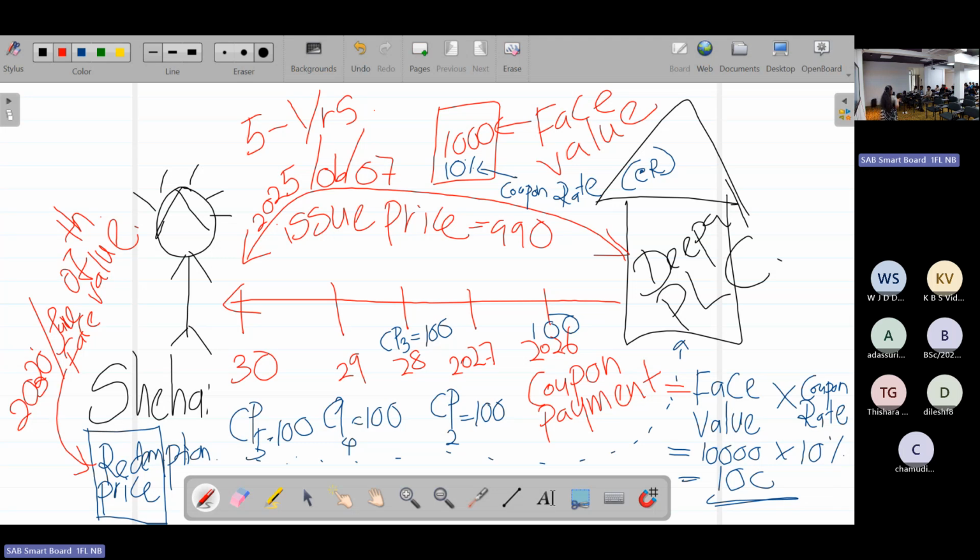These are the features that you need to understand. Face value is a must. At the end of the maturity period, what you are getting is the face value. During this time period, what you are getting is the coupon payment. And then the maturity period, the number of years that you keep the bond.